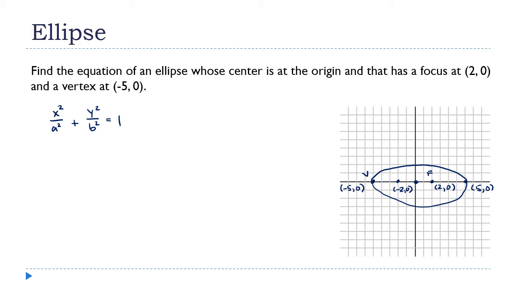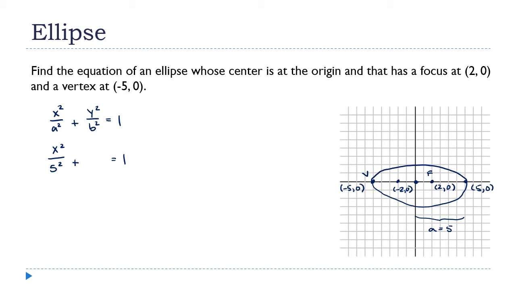The major axis is the line that runs through the ellipse. This part here is just one side, technically the semi-major axis, and it has a length of 5, and that's going to be a. So that's the first part, x squared over 5 squared.